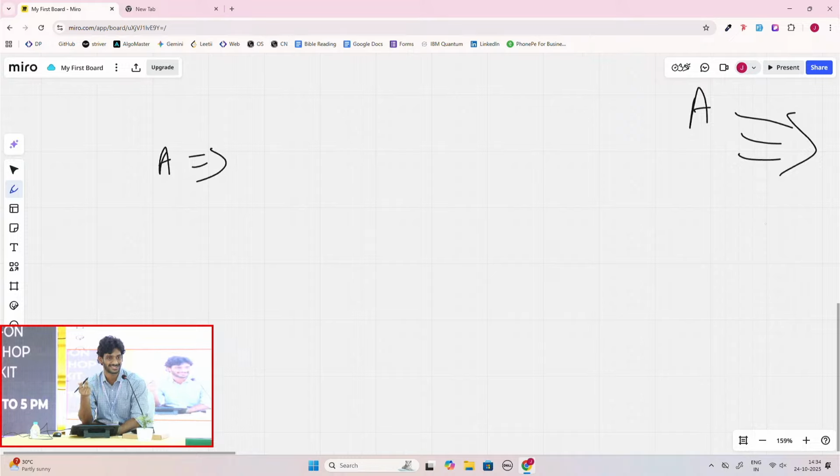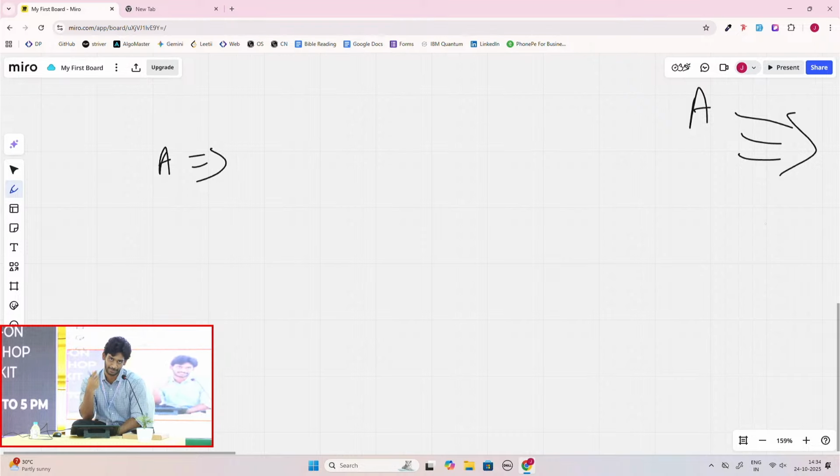What can A be? Pen. Okay, with respect to quantum, A should be a physical object. A pen is correct, but if you want to talk in more physics terms, you say material.